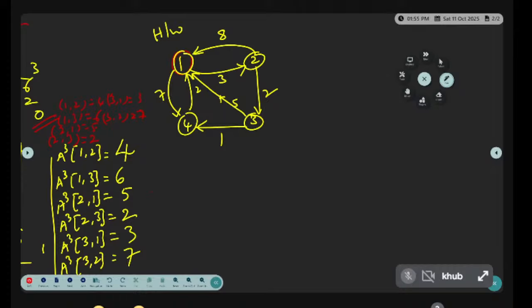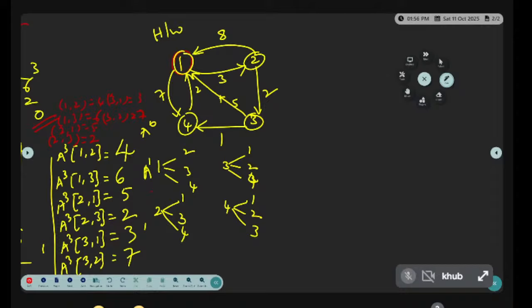So we need to calculate for all pairs: 1 to 2, 1 to 3, 1 to 4; with respect to 2: 2 to 1, 2 to 3, 2 to 4; and with respect to 3: 3 to 1, 3 to 2, 3 to 4; 4 to 1, 4 to 2, 4 to 3. So initially A power 0, now A power 1, A power 2, A power 3 and A power 4.